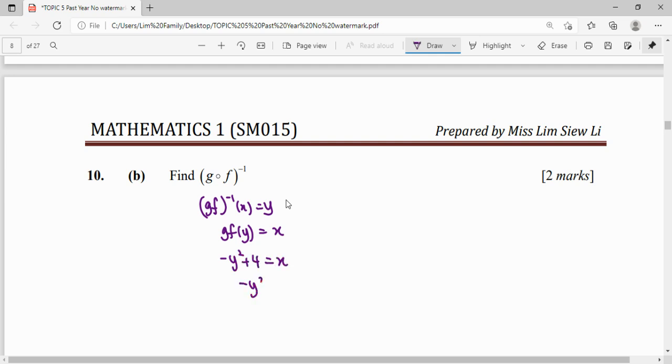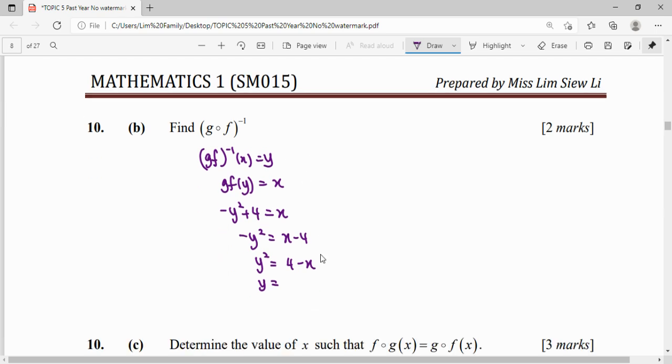So we find out our y here. When we move the square to the right hand side, remember we'll have positive and negative.